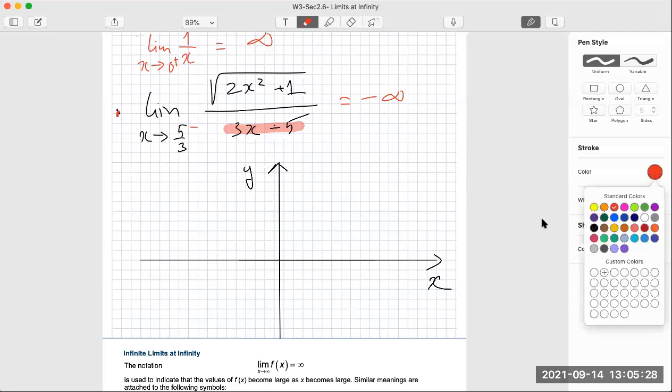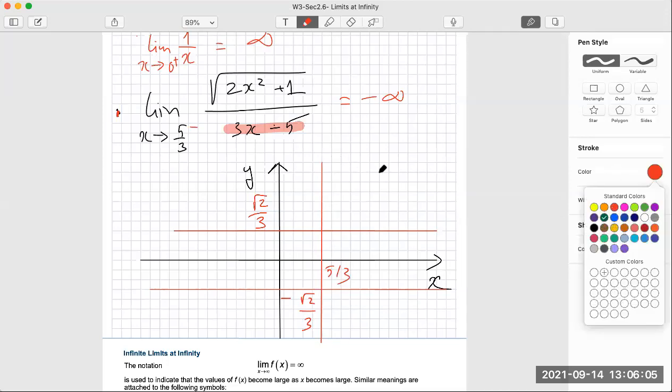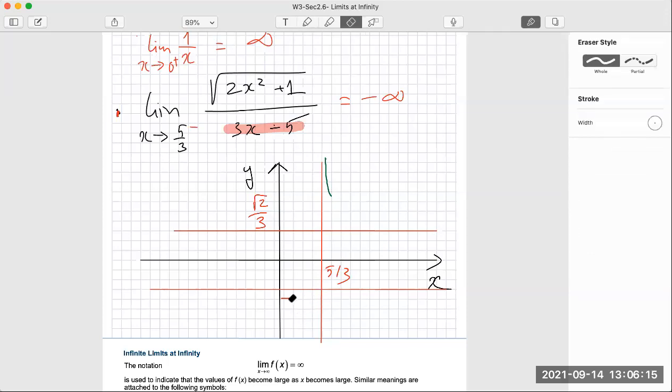When x approaches infinity, it will come closer and closer to the line, if I remember correctly, square root of 2 over 3, and below that it will be negative square root of 2 over 3, and at 5/3 the graph should be somewhere here. At 5/3 it will be positive here, right?